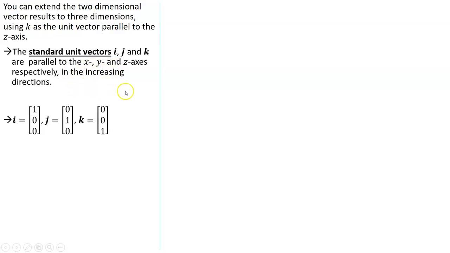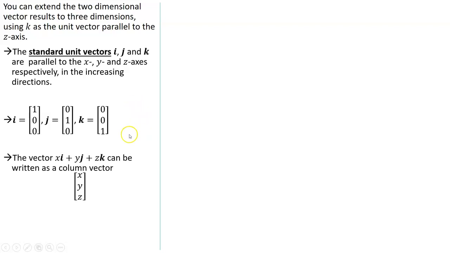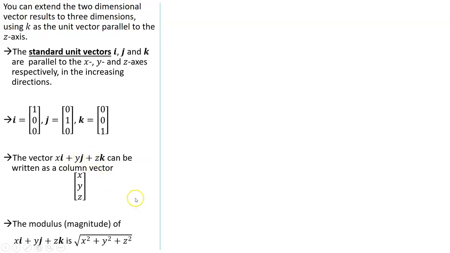This is what their column vectors look like. I can write the vector xi plus yj plus zk as the column vector (x, y, z). And the modulus or magnitude of this vector is the square root of x squared plus y squared plus z squared.